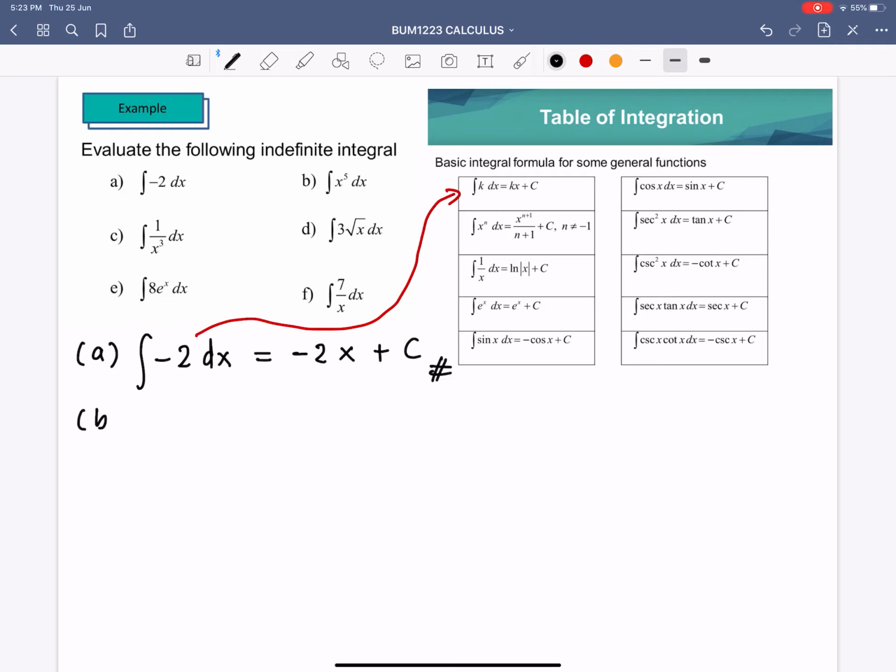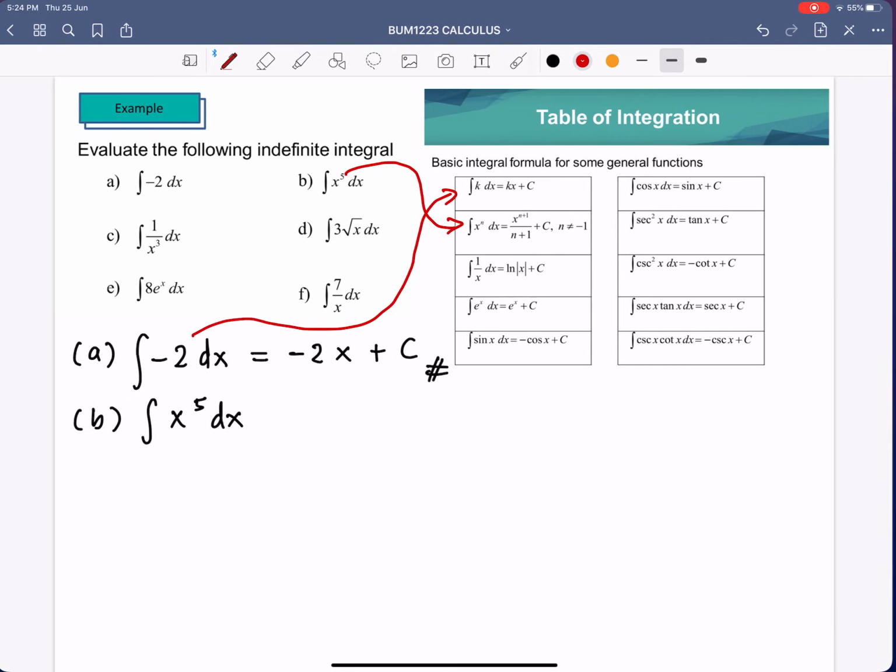For question B, we have integration x power of 5 dx. Based on the formulas in the provided table of integration, x power of 5 is in the form of integration x power of n, where in this case n is equal to 5.